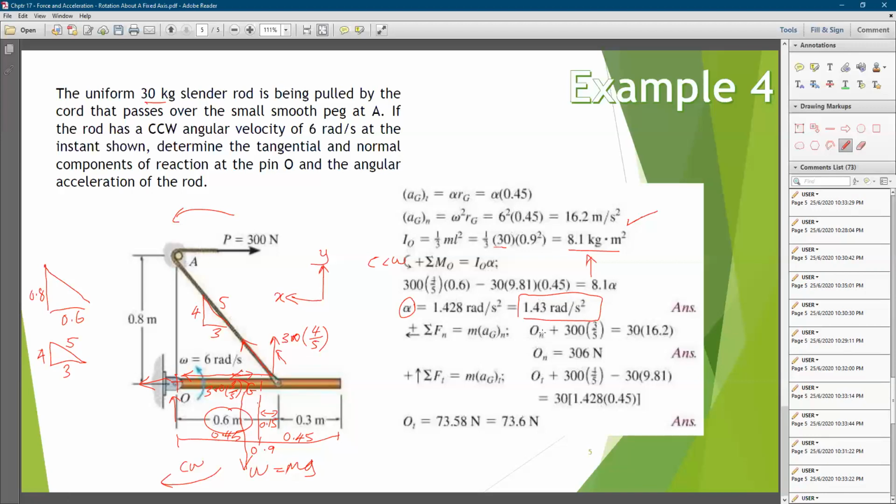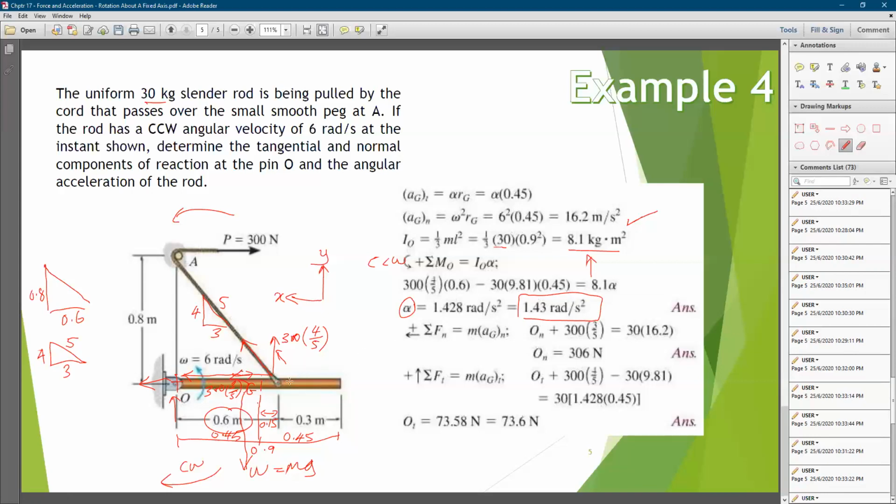Okay, so we have a normal reaction at point O. Okay, going up is positive, so it is positive. Then plus with the force P, Py, which is 300. Sorry, not Py.